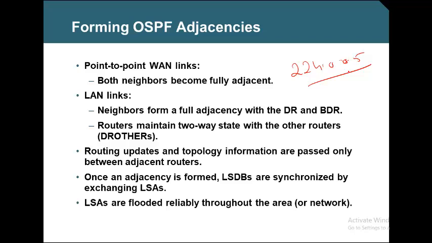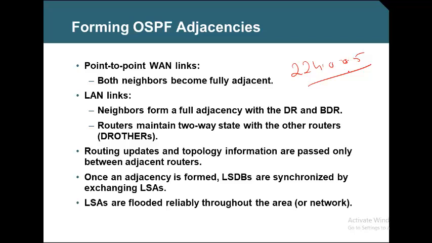We'll be learning later a topic called multicasting. There you will know how these routers use multicast address to communicate. So the question was, will the hello packet be sent on all the links? No, it depends on which links you have enabled OSPF. Only on those links it will be sent.